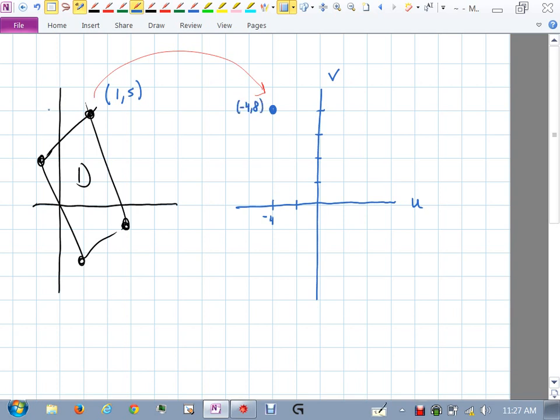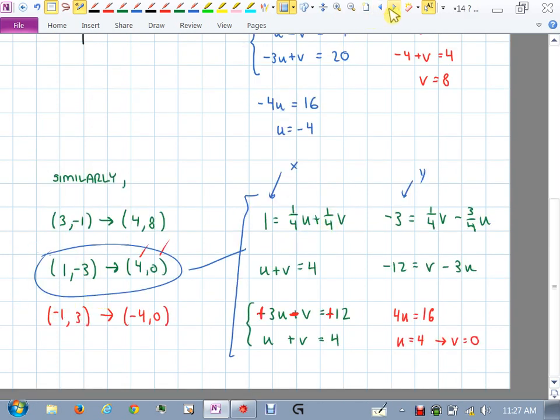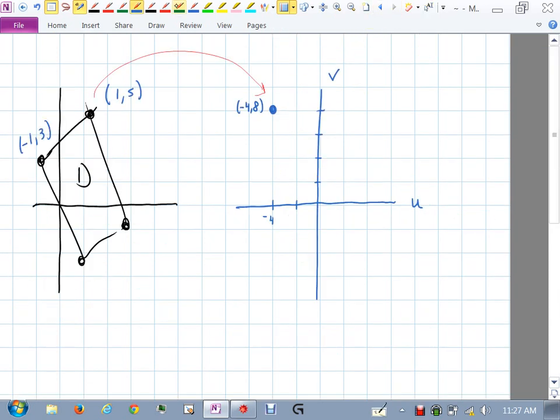And then where did this point here go? Where did (-1, 3) go? Y'all aren't going to help? (4, 0)? I thought that was (-4, 0), wasn't it? Okay, y'all are going to force me to go back. All right, I'll do that.